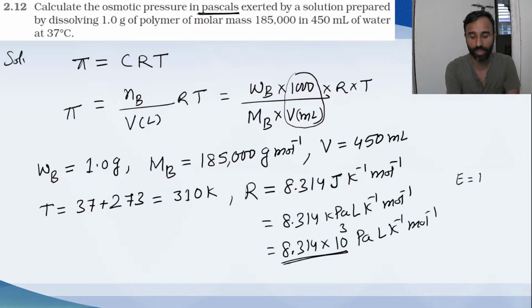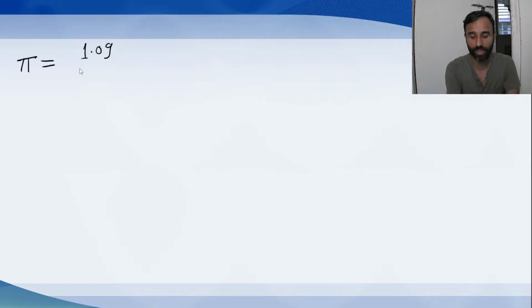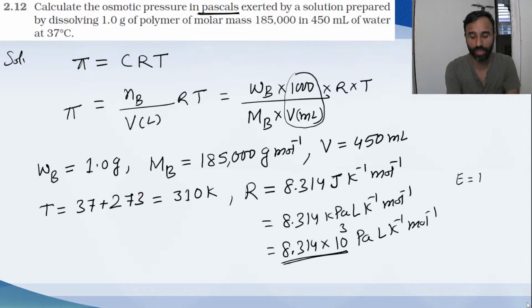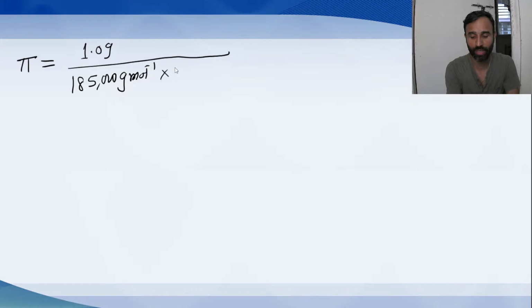Rest is same. So pi is equal to WB, that is 1 gram, over 185,000 gram per mole, then volume 450 ml, 1000 ml per liter, into 8.314 into 10 power 3 Pascal liter per Kelvin per mole into 310 Kelvin.